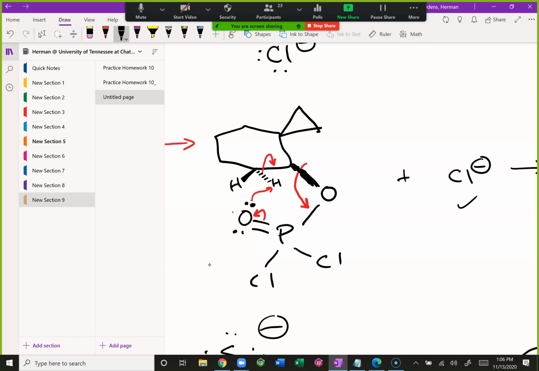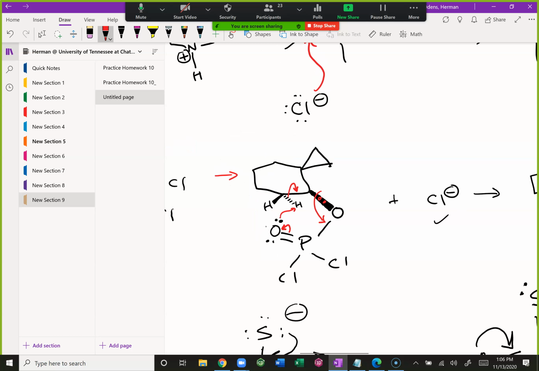This bond is up, so it'll take the H, and then these electrons from this bond, these two, will make that double bond there on the P and the O. It's a really good driving force.